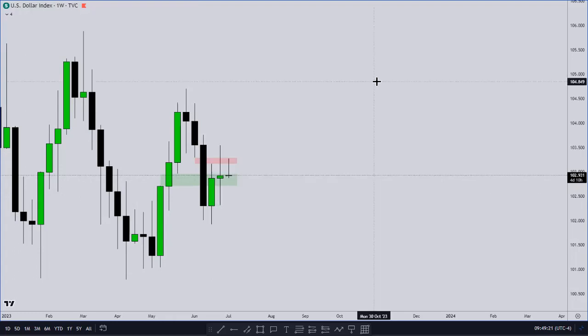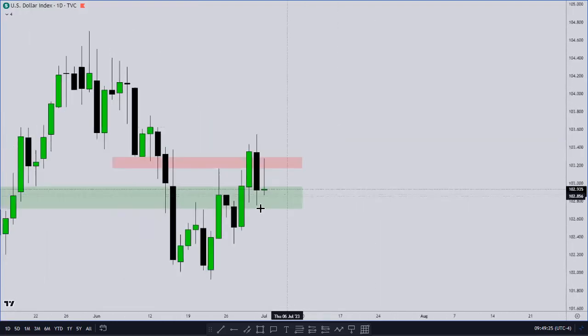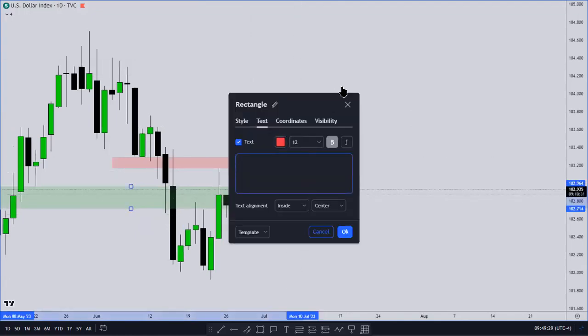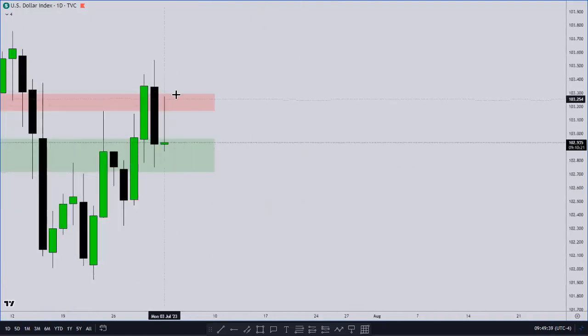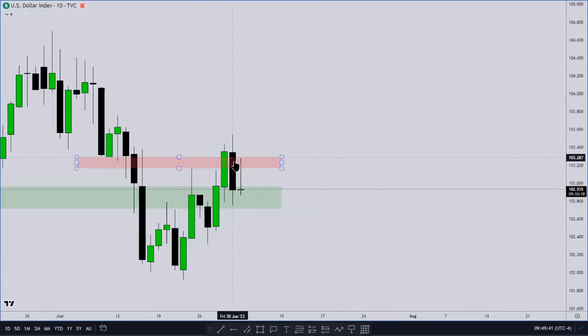So let's go to the daily chart. These two are the weekly levels, so maybe I'll not write it. It gets clustered. You can see how we have respected almost the high of this BC, sorry, the CB today itself.